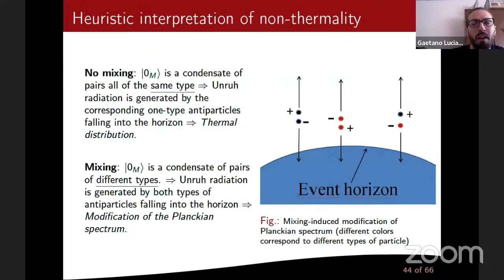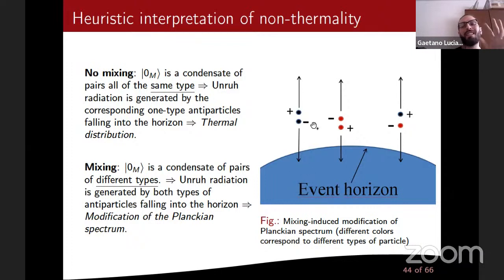And so Unruh in this case may be a little bit disappointed, because the Unruh effect is no longer thermal, but this is just a result of theoretical computation. As a heuristic interpretation of this deviation from thermality, consider what happens if you do not consider mixing.